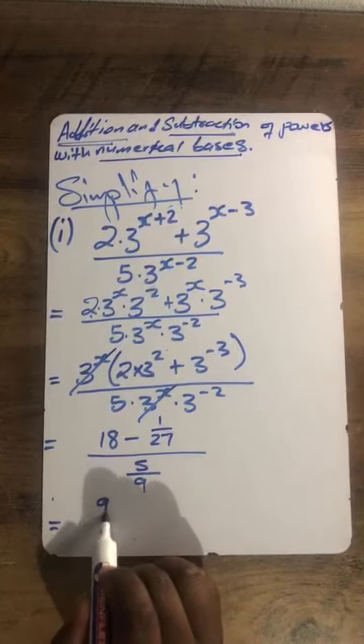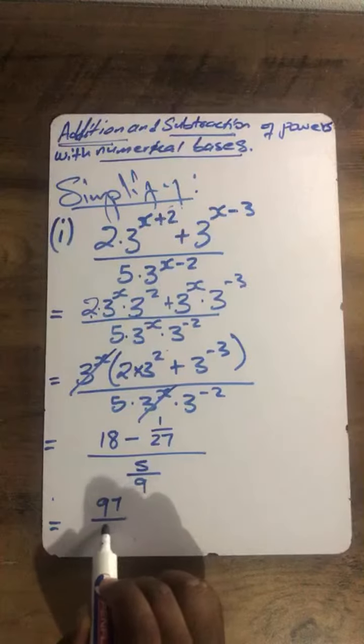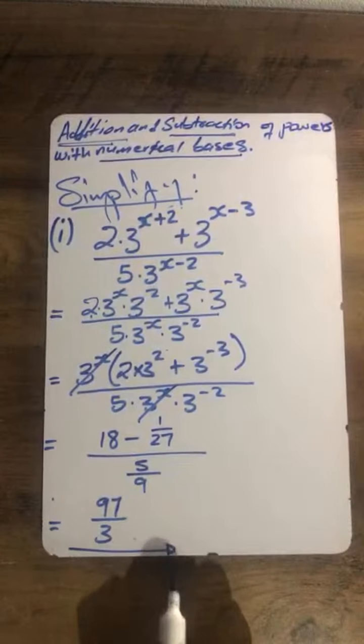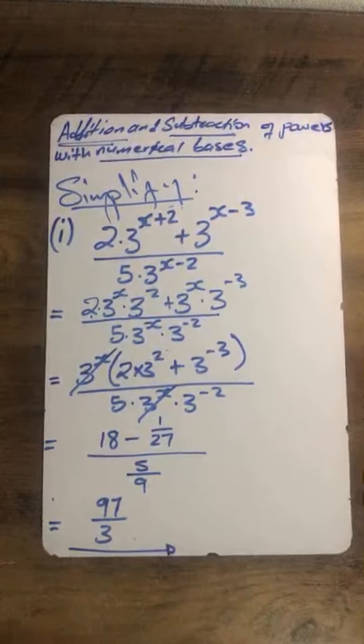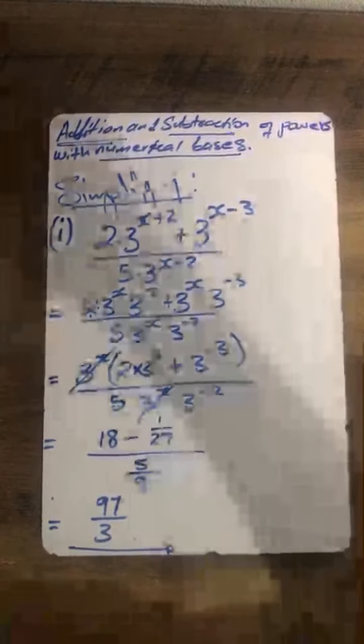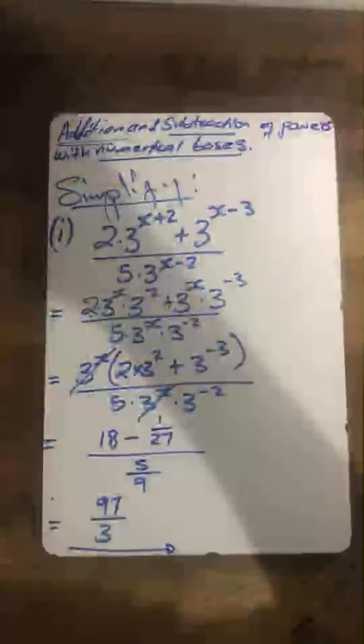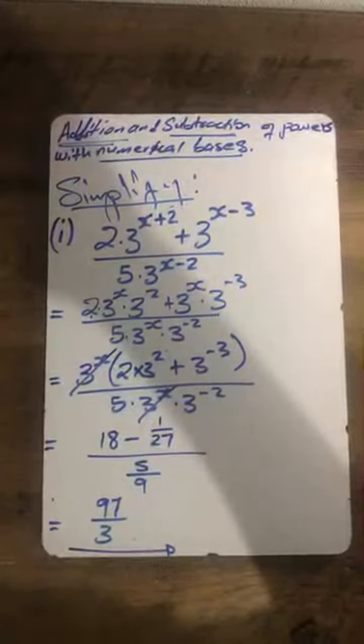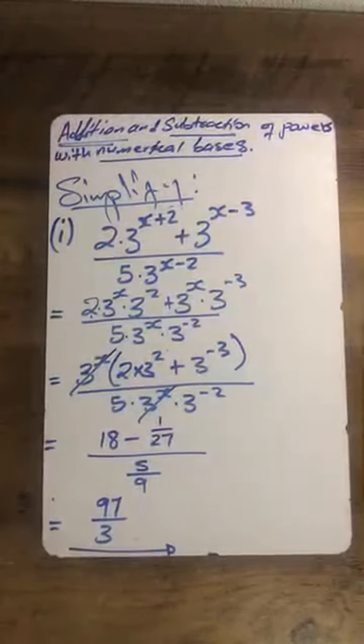Why am I getting a different answer? 97 over 3. Guys, did I make a mistake somewhere? You guys have retracted your messages. Guys, did I make a mistake somewhere?